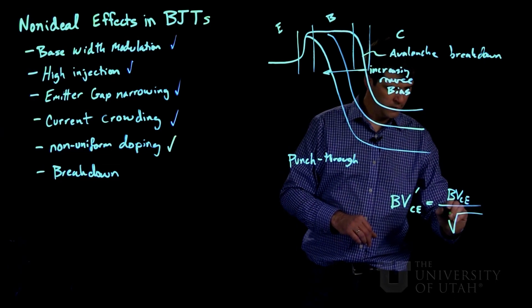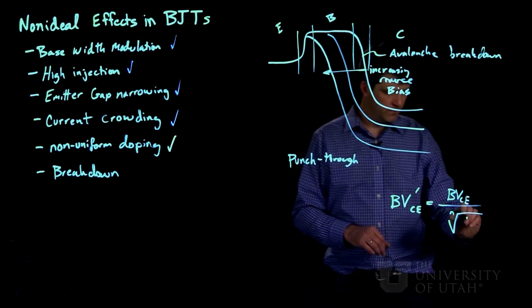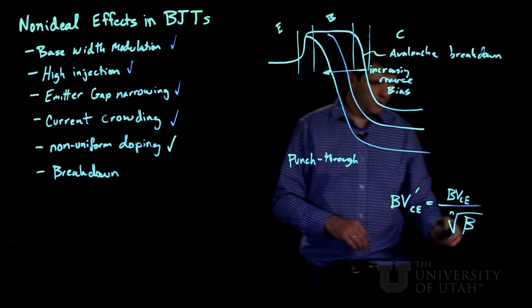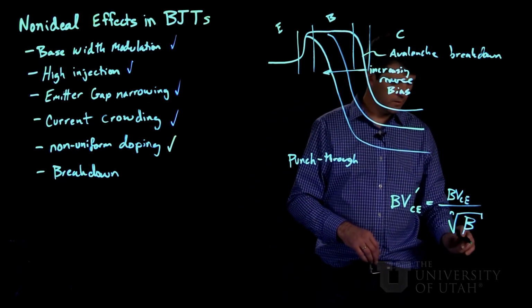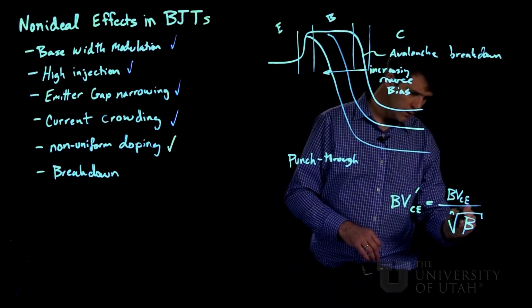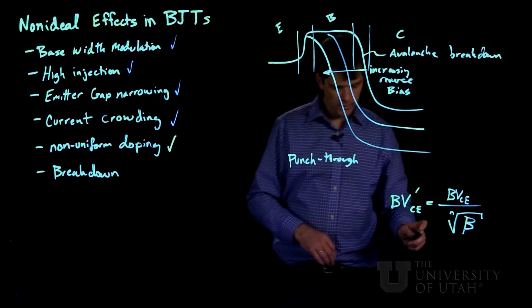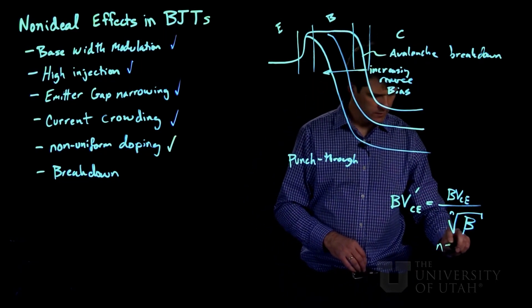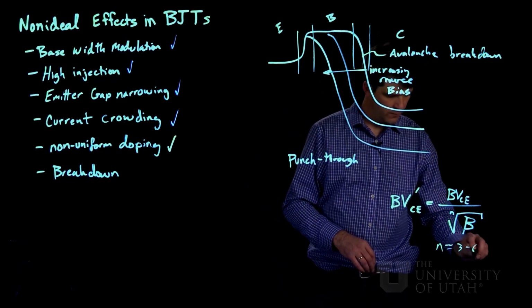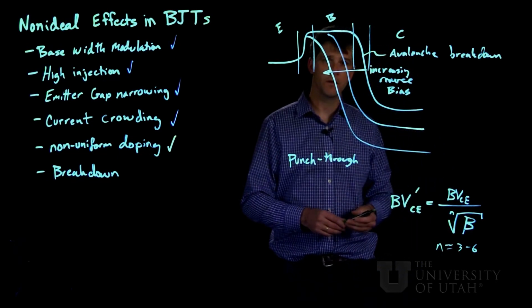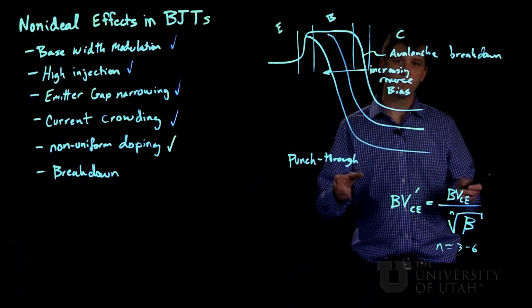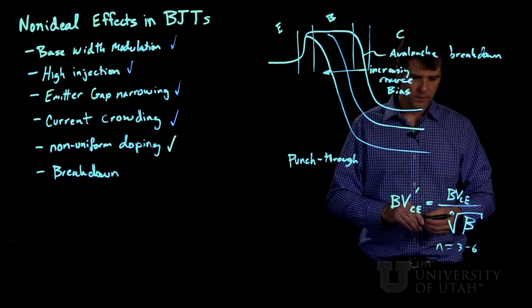And it turns out that it goes as the nth root of the gain beta, where n is a constant between 3 and 6, having to do with the carrier multiplication process itself.